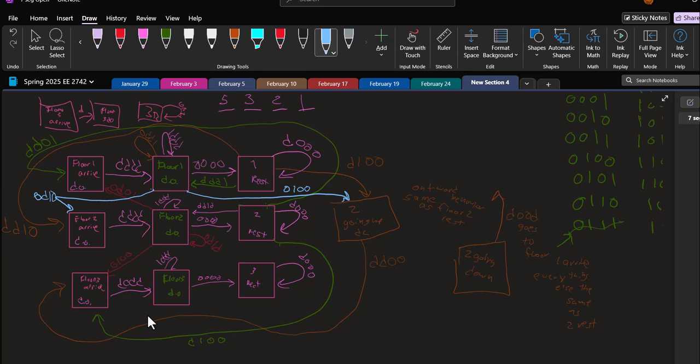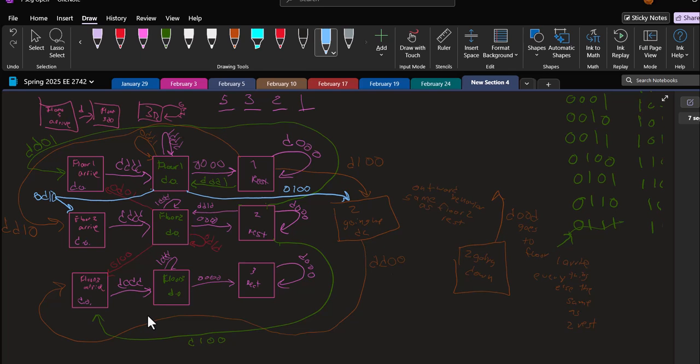Like the state diagram. I mean, the state table, but the state table would be a lot. It would be huge.